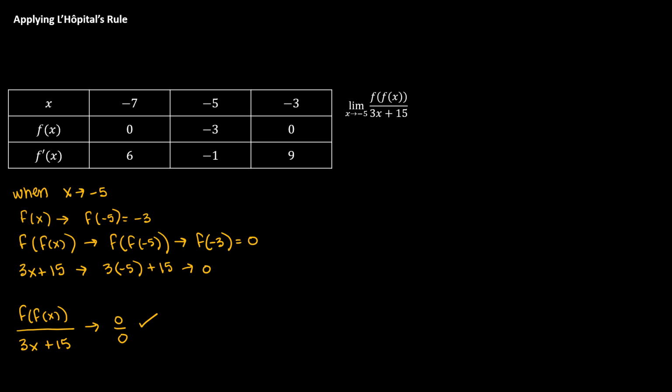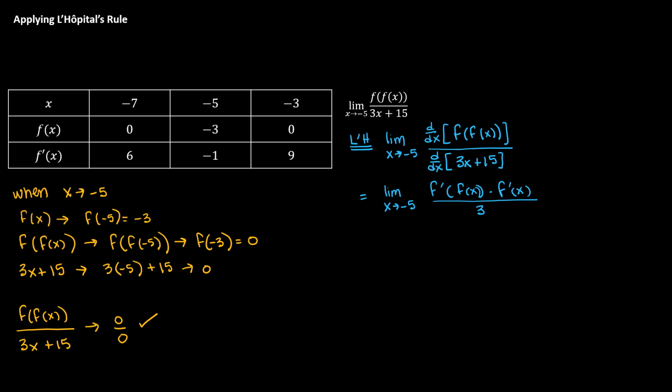We can apply L'Hopital's rule because we have the appropriate indeterminate form. So taking the derivative of the top, derivative of the bottom, we see we're going to need the chain rule in the numerator. Our chain rule is going to say the derivative of the outside function, f, with the inside function plugged in untouched, so f prime evaluated at f, but then multiplied by the derivative of our inside function, which is f.